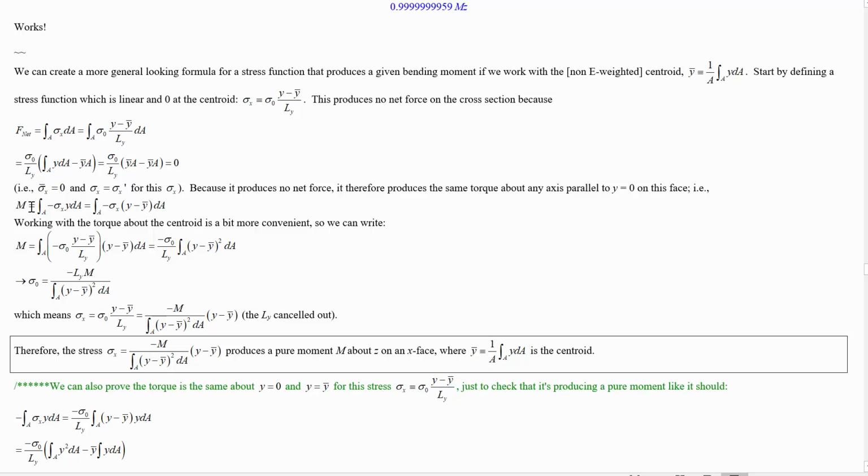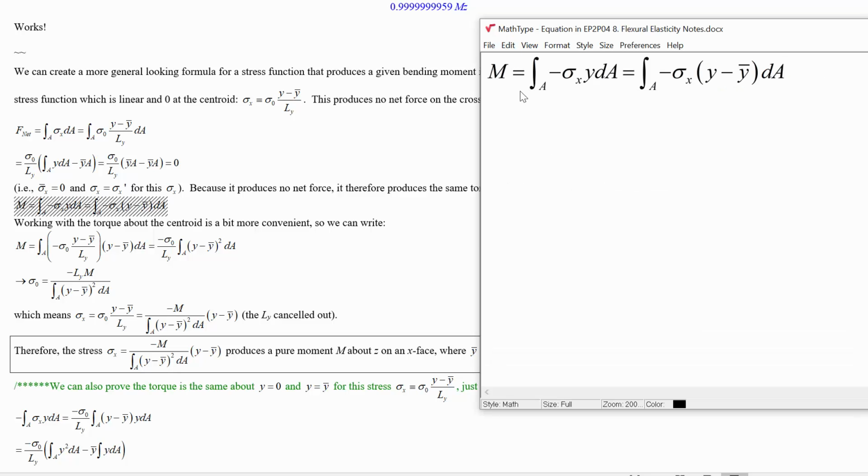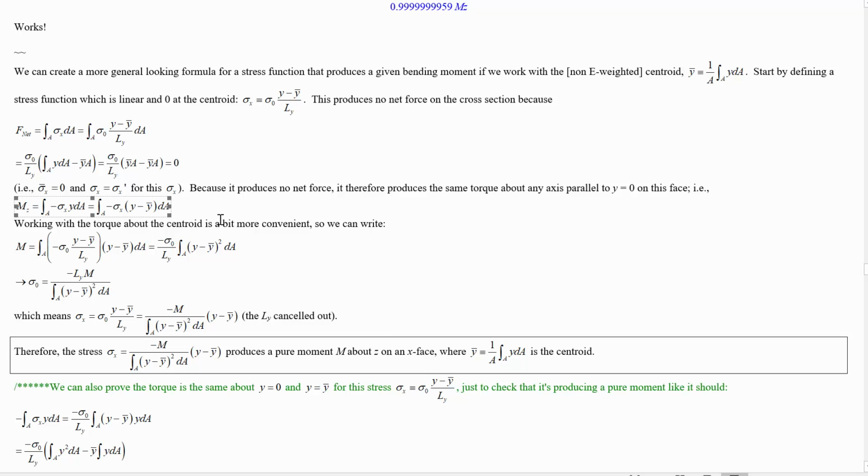So what moment does it produce about Z? Well, the moment that it produces about Z is, as usual, the integral of sigma x times any offset y, so y minus 0, for example, with respect to area. And this is going to be the same as y minus y bar. So we may as well just subtract off y bar if we like.